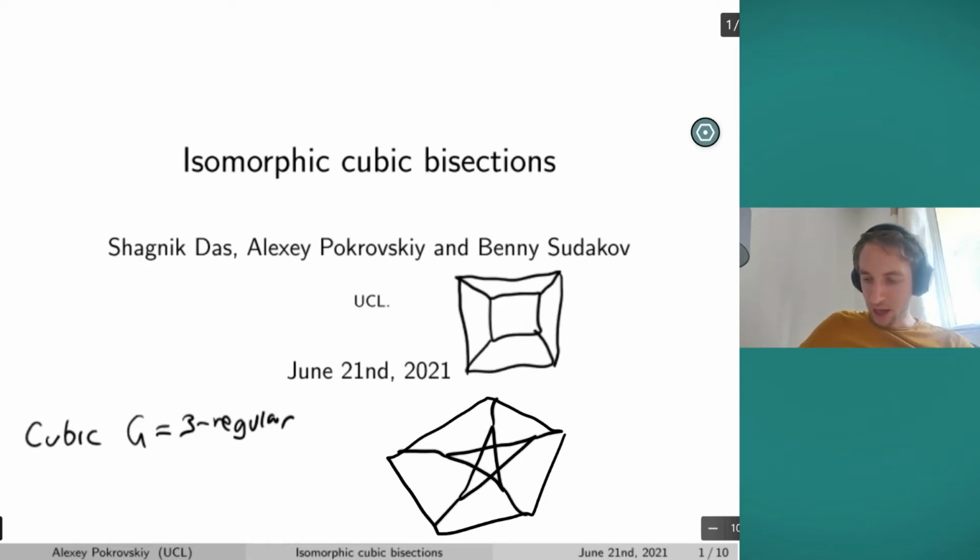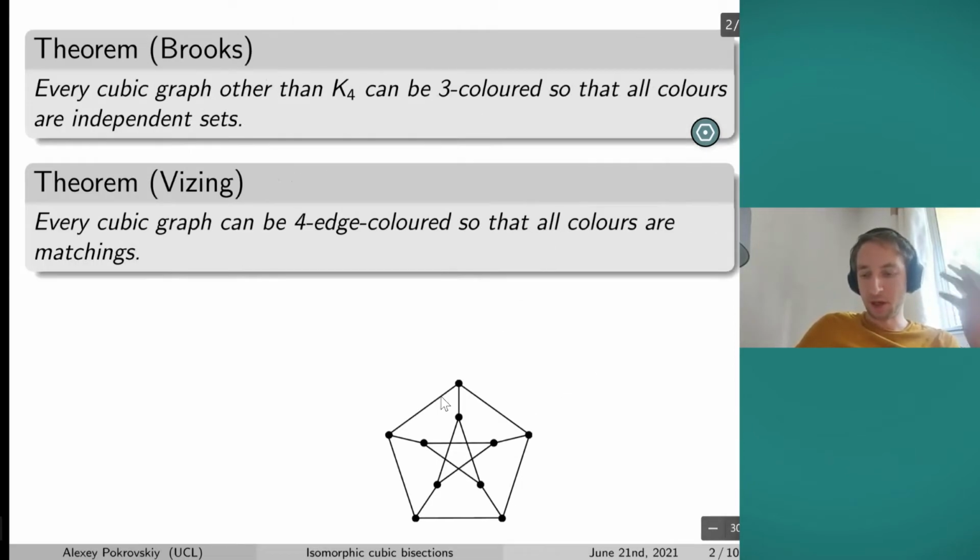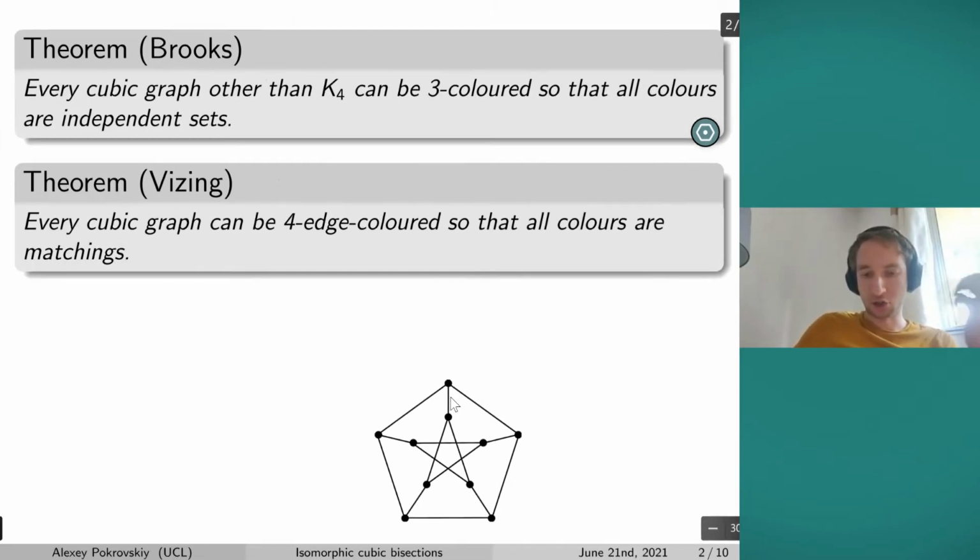What the talk will be about is partitioning the vertices, mostly, of the cubic graph in such a way that, basically, coloring the vertices of a cubic graph in such a way that the induced subgraphs on the monochromatic sets have a nice structure. The simplest theorems like this, or the most powerful theorems like this, are about proper coloring.